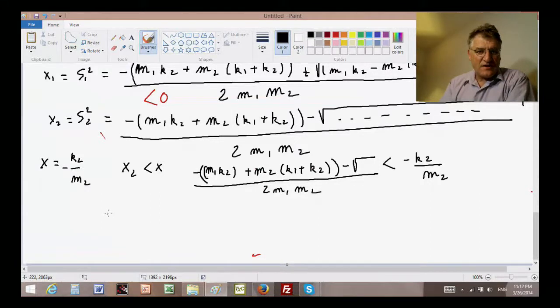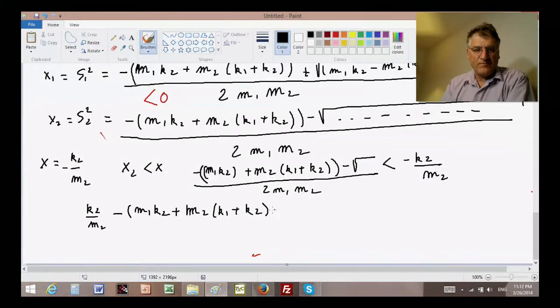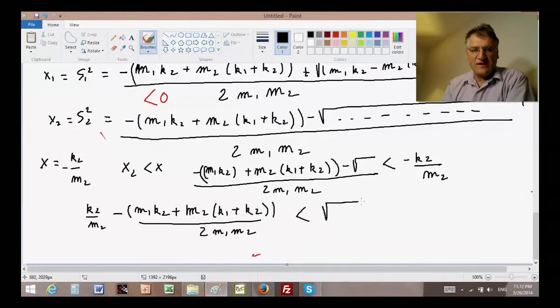I obtain that K2 over M2 minus M1 K2 plus M2 times K1 plus K2 divided by 2 M1 M2 must be less than that big square root of the discriminant.